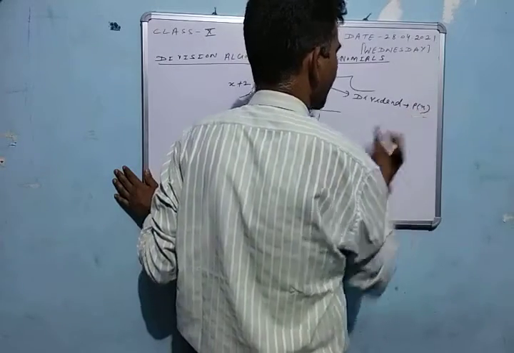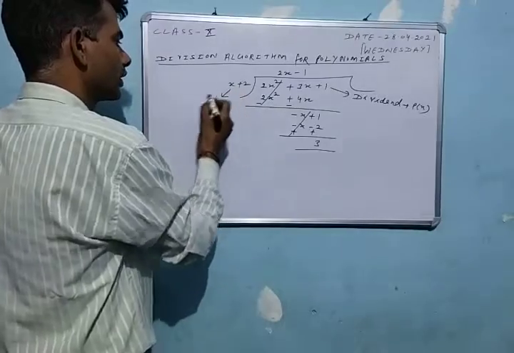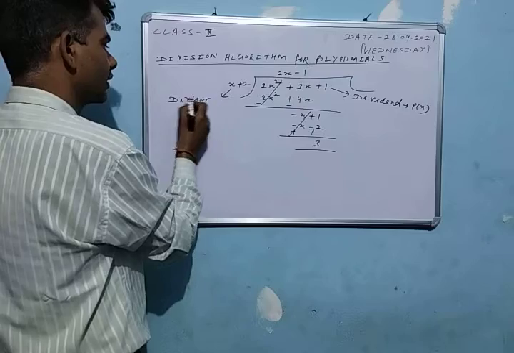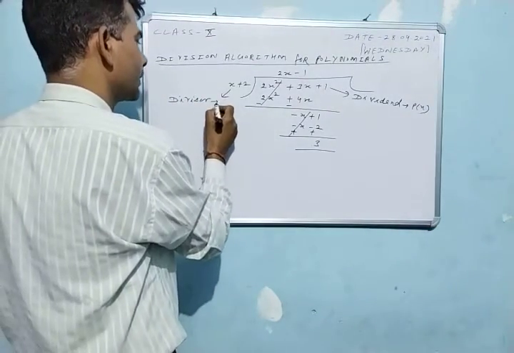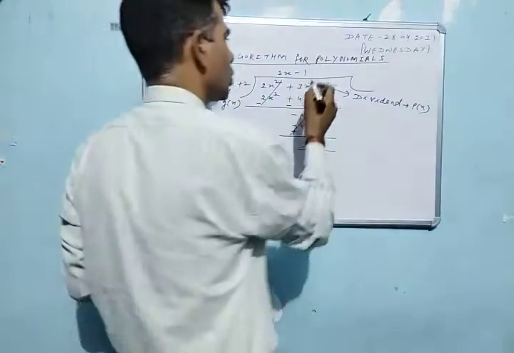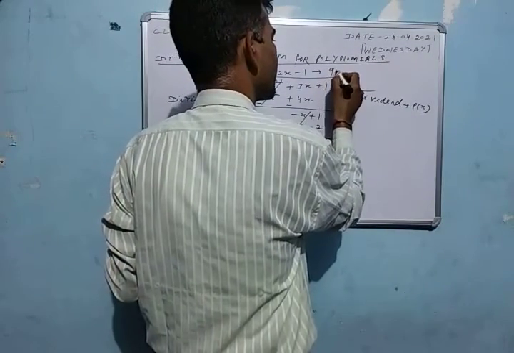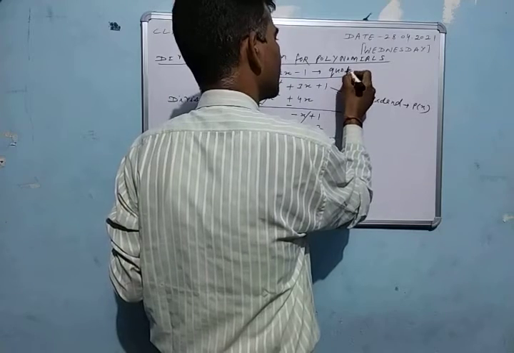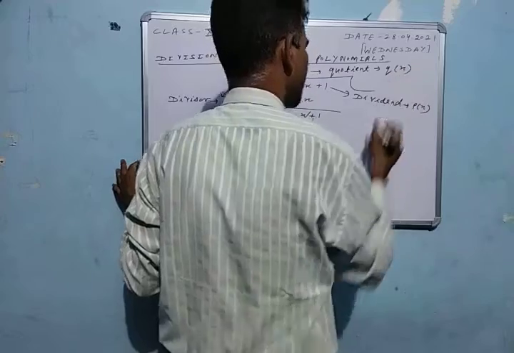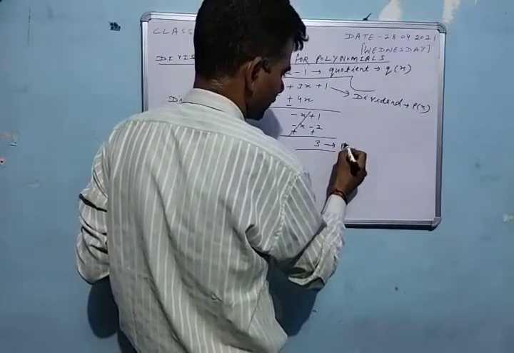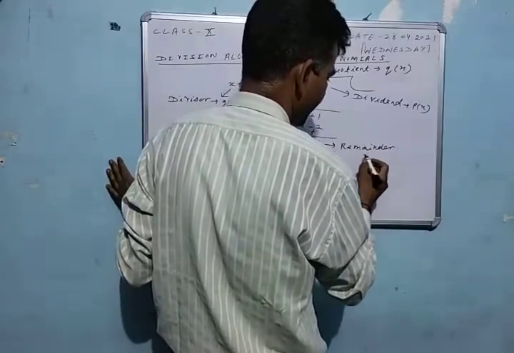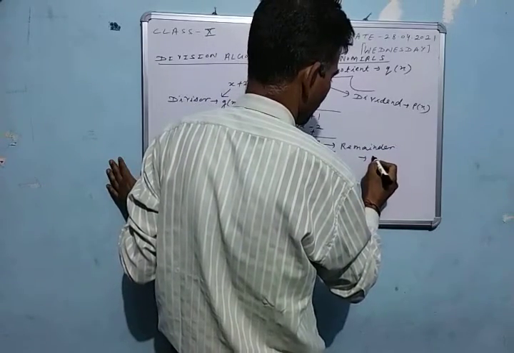This is your divisor, from which you divide the dividend. It can be represented by G of x. This is your quotient, represented by Q of x. And this is your remainder, represented by R of x.